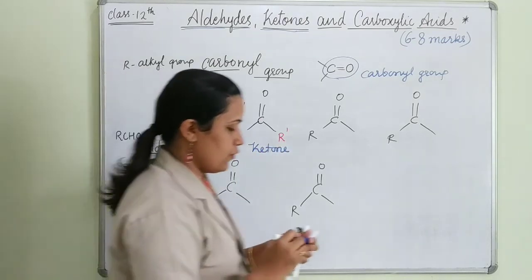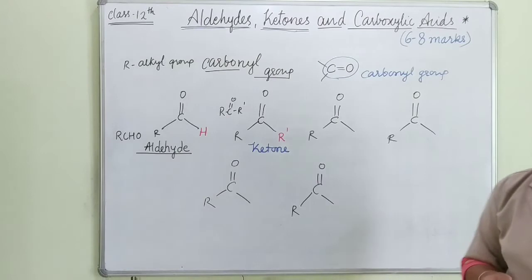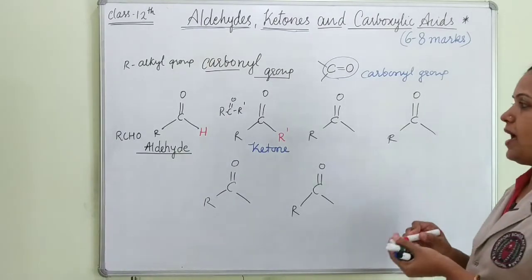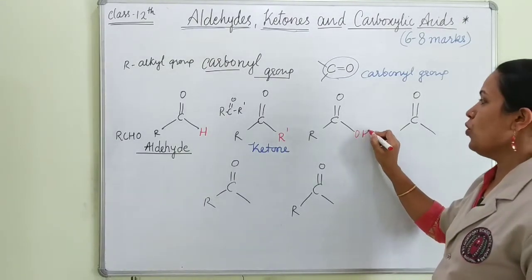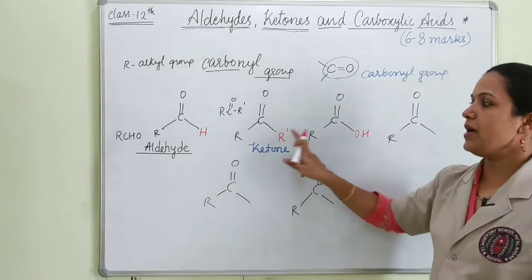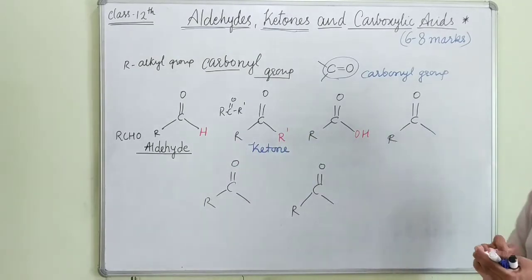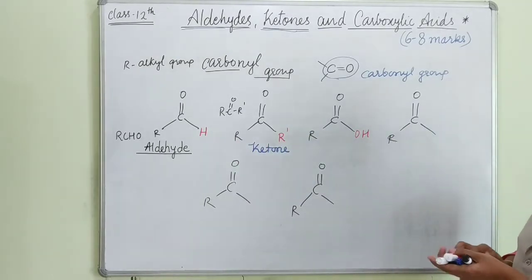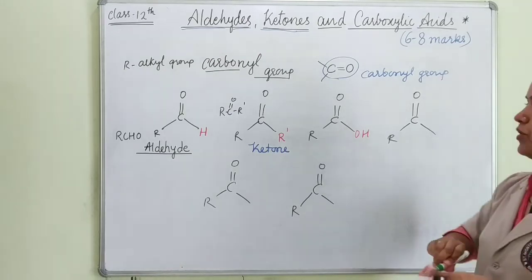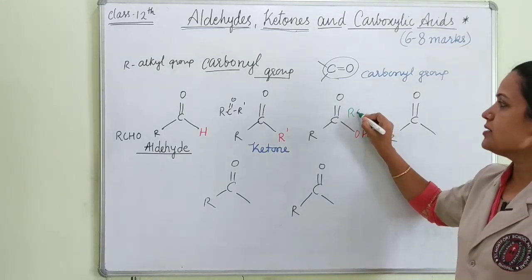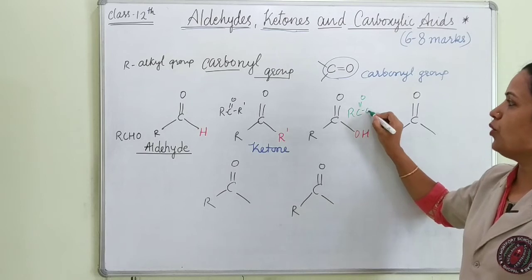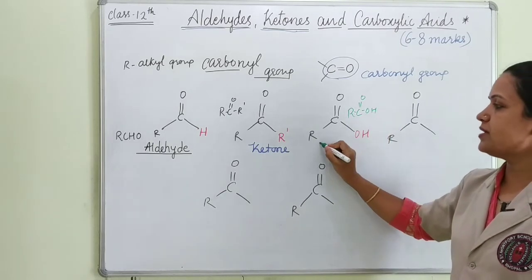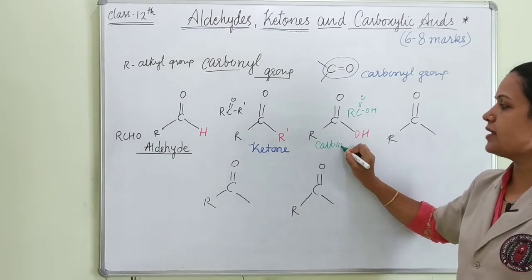Now if I am joining this with OH, every time I am changing one valency of carbon, the formula would be RCOOH. It means it's a carboxylic acid.